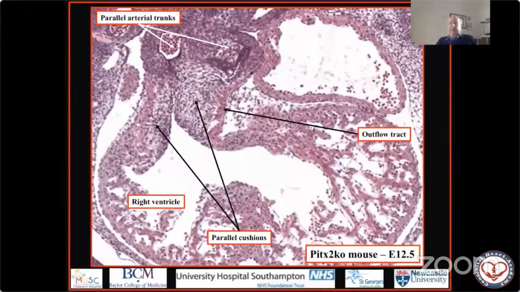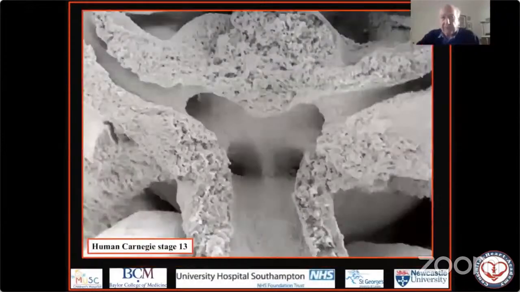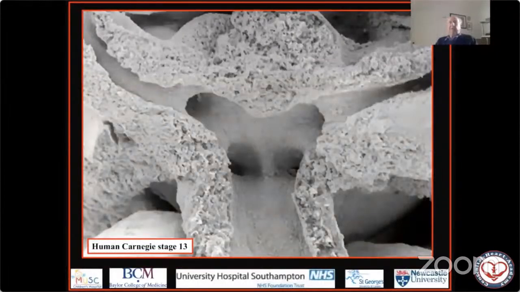And the major problem is the parallel rather than the spiraling nature of those cushions that are dividing the outflow tract. So what is going on within the aortic sac? Well, this is a picture of the aortic sac in the normal developing human heart. It's a dissection that was made by Szabolcs Virag, the outstanding embryologist who worked in Budapest.